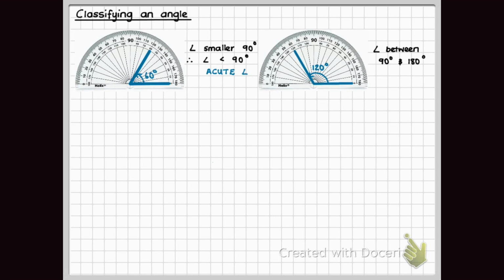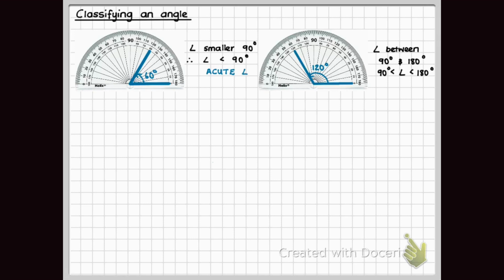We can write it mathematically with the angle being in the middle, and then we go to the left, reading it that the angle is bigger than 90, so we start with the unknown variable, which is the angle. We read it to the left, angle bigger than 90 degrees, and then we start with the angle again and we read it to the right, angle smaller than 180.